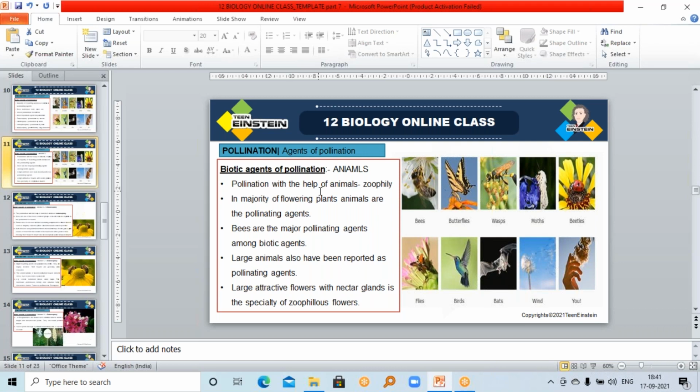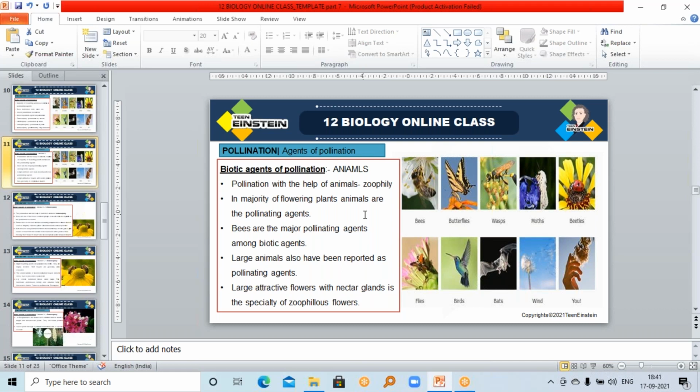Pollination with the help of animals is called zoophily. In the majority of flowering plants, animals are the pollinating agents.